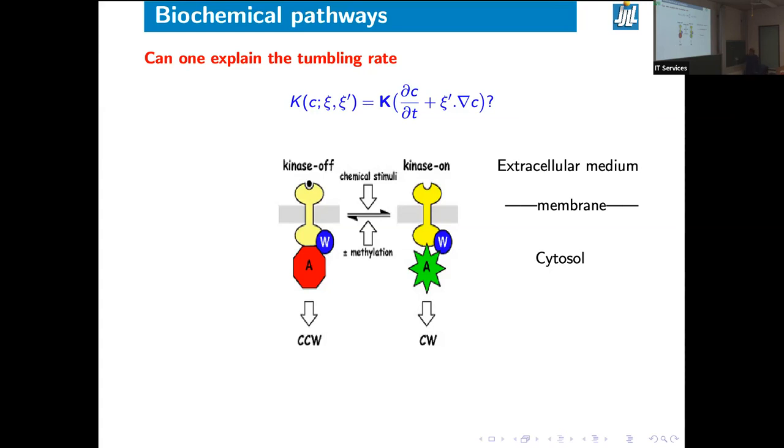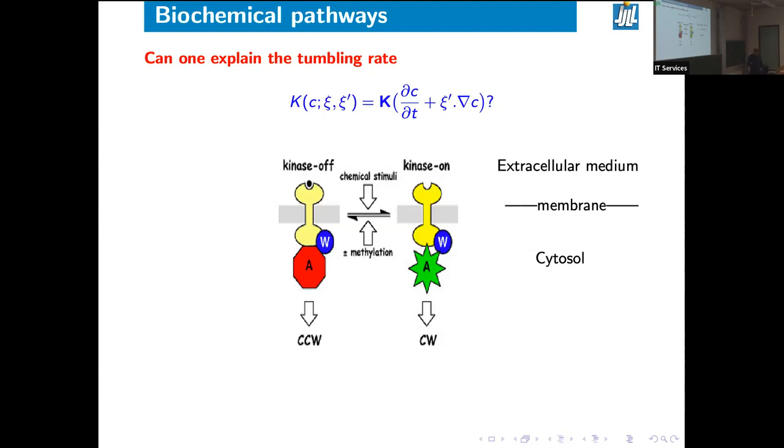All these things behind are just molecules, and at the end, you have a molecular motor acting on the flagella. So this is how cells are moving and reacting to the external world. This is clockwise and this is counterclockwise, and this depends on tumble or run. So this is what happens in practice.